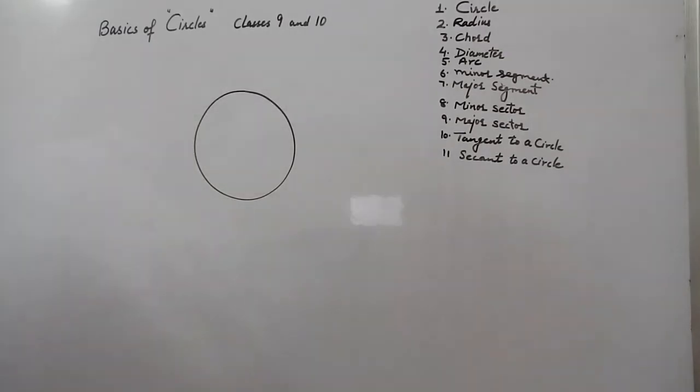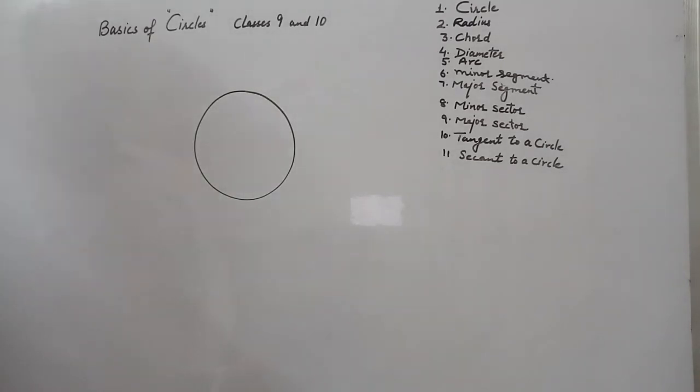So arcs are of three types: minor arc, major arc and semicircle. A minor arc is less than the semicircle, and a major arc is an arc whose length is more than the length of the semicircle.